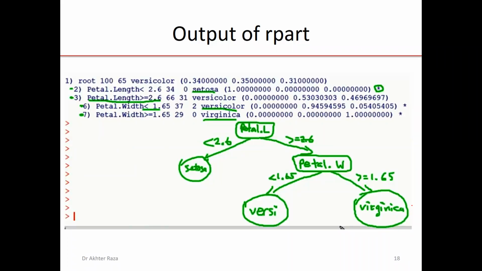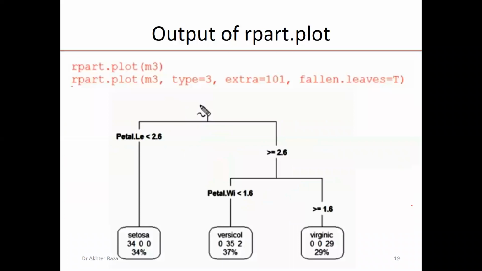The misclassification rate is still 0 in rpart, as we had in C 5.0. And then this is the tree. 34 elements are setosa, 37 are versicolor, and virginica are 29. So you can see these numbers here.